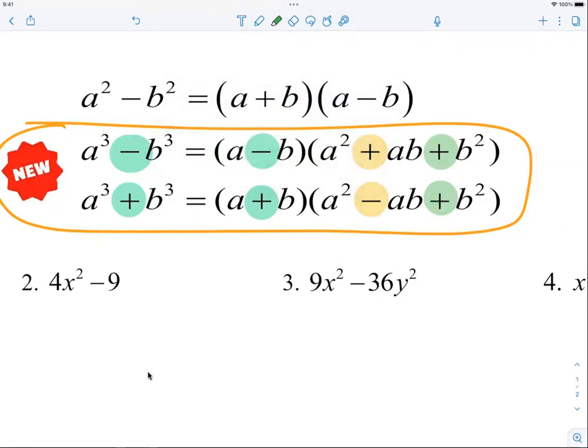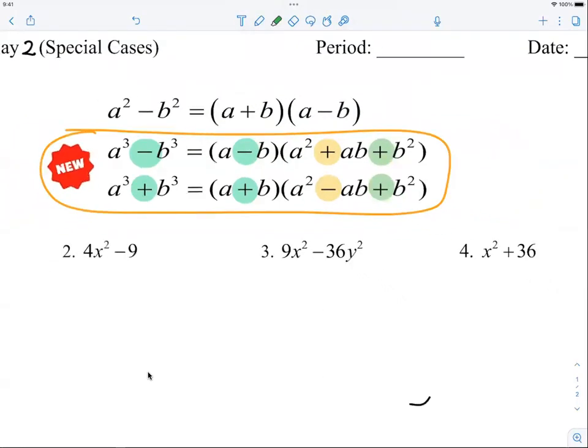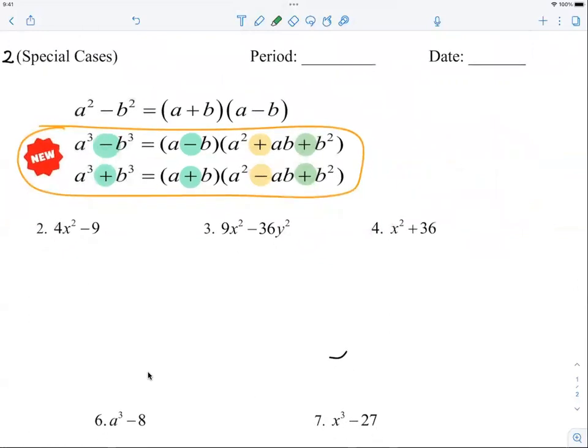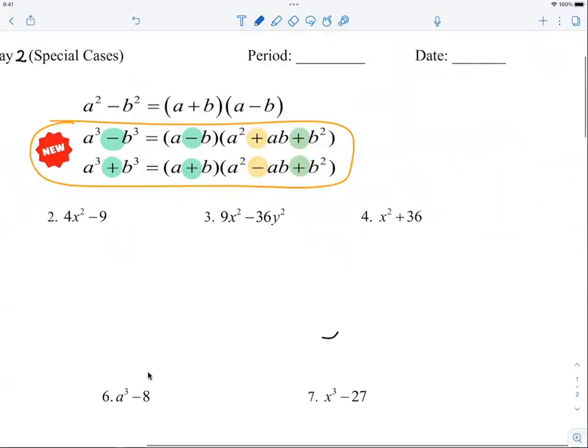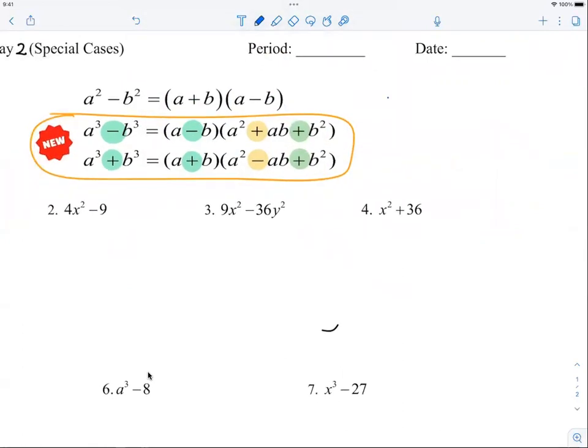Altogether, regarding these polynomials or factoring, these three, I would like to give you the remaining two that we covered before: a plus b squared is equal to a squared plus 2ab plus b squared.